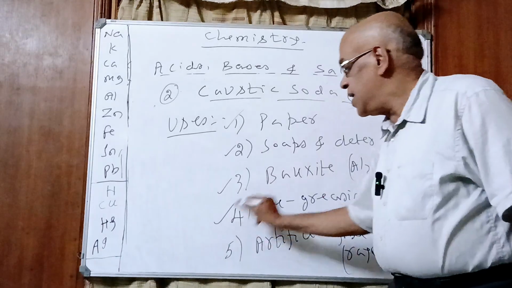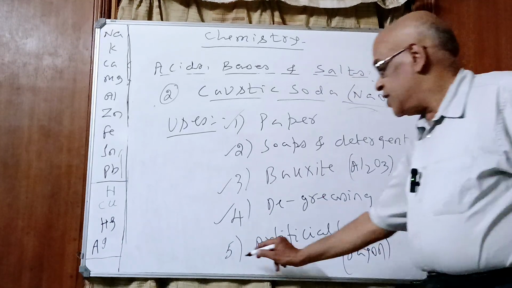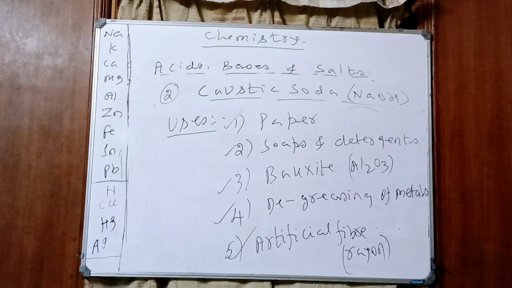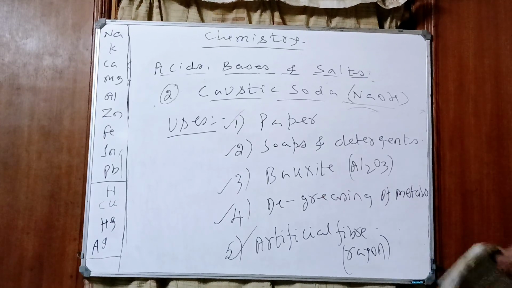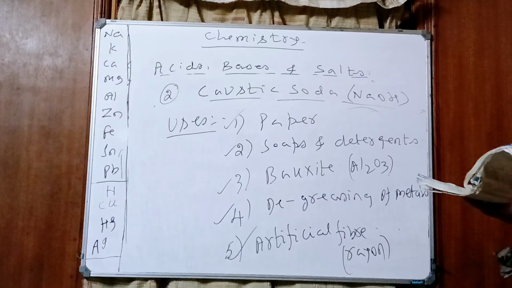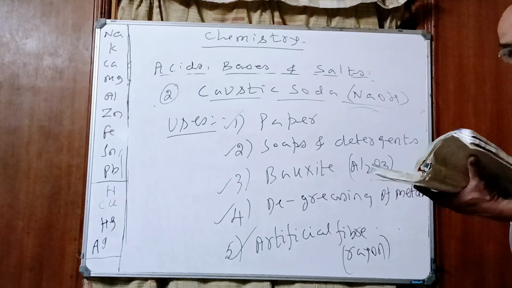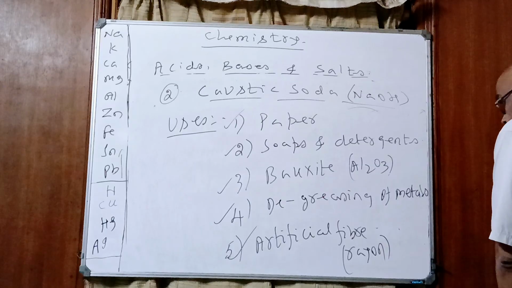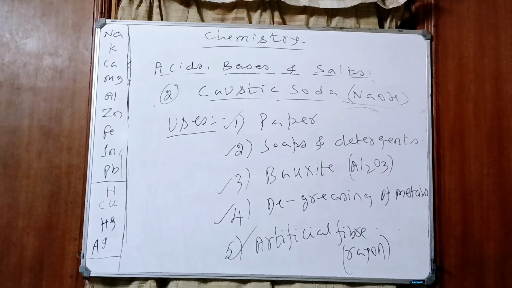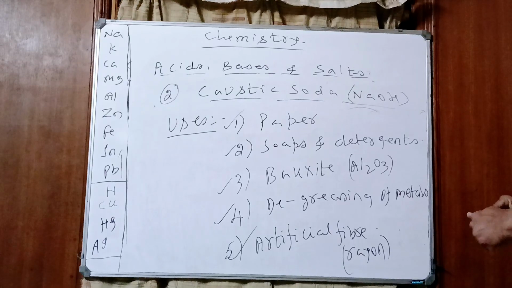Degreasing of metals and the manufacture of artificial fiber like rayon. Yes or no, children? So these are the uses of caustic soda, sodium hydroxide.